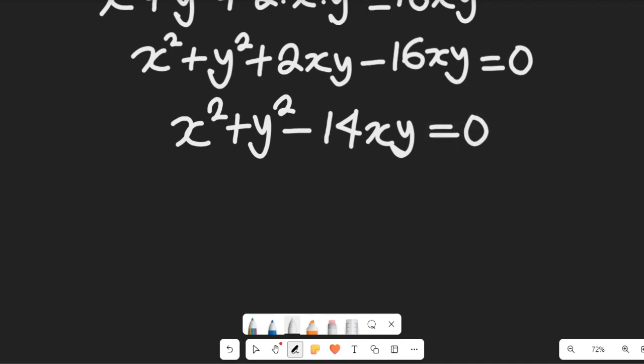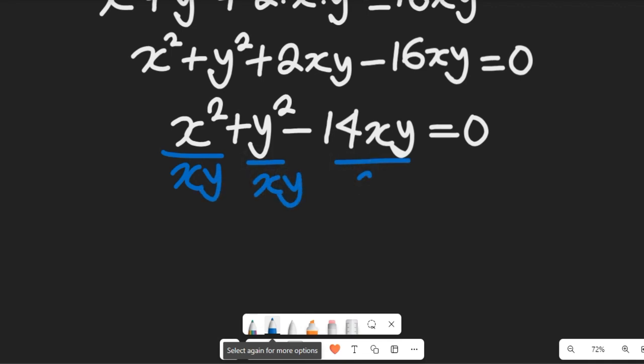Great. Now what do we do from that expression? We have to do away with xy, and that is the only obstacle. So let's divide through by xy. We divide here by xy, here by xy, and here by xy. That way we're going to do away with xy.